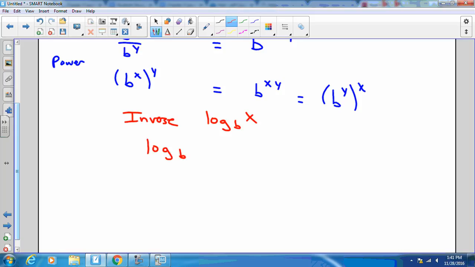Today, the only thing that's interesting to us is the solving property of logs, which comes straight from the fact that the log base b is the inverse of the exponential b. These two functions cancel to give you x. So we use these functions algebraically like this.